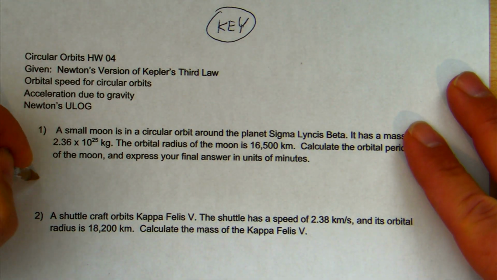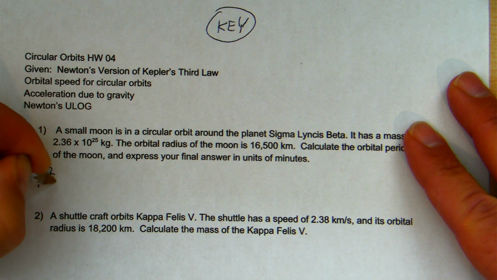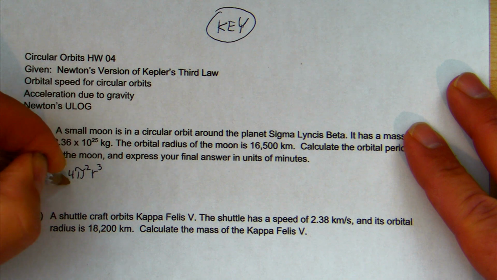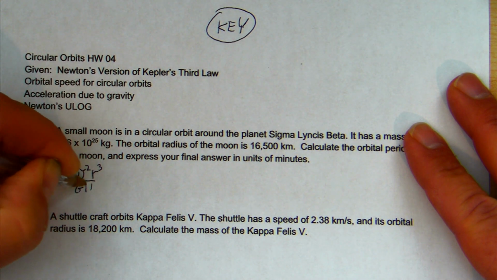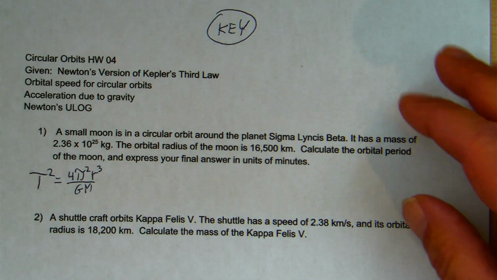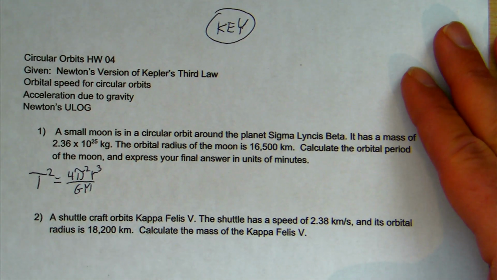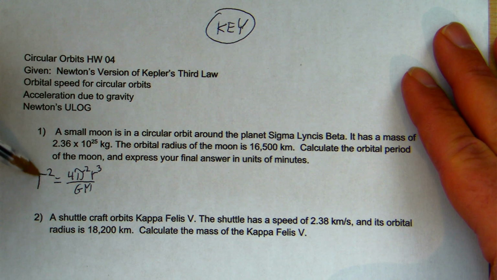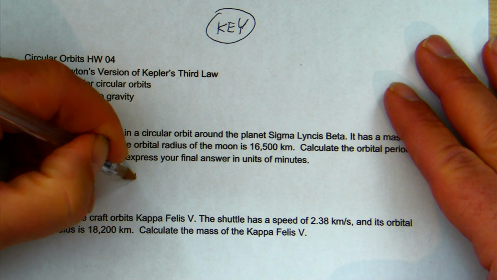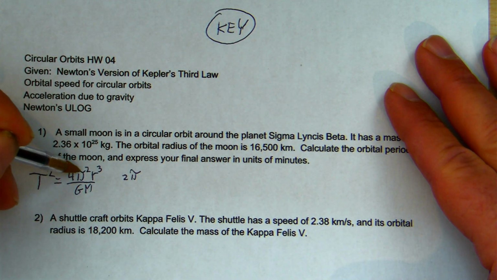All right, Newton's version of Kepler's third law would be T squared is equal to 4 pi squared r cubed over GM. In this situation, we don't need to rearrange the equation because we're solving for the orbital period, capital T. So we're going to plug in 2 pi times the square root of 4 pi squared.